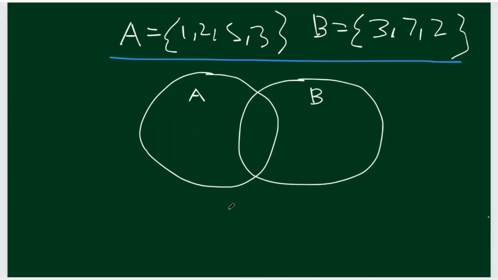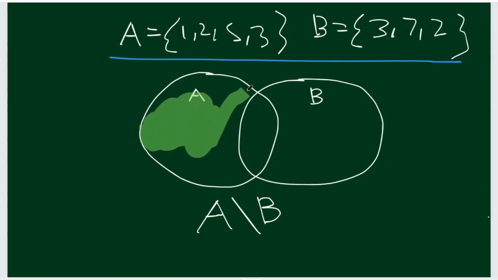Well, you write it as A, maybe we can write this a little bit bigger, A slash B. And essentially what you will get as the result is all the values that are in A and only A. So it doesn't include the intersection, because the values in the intersection are also included in B. So the result is only equal to the values in this area, not including the intersection.